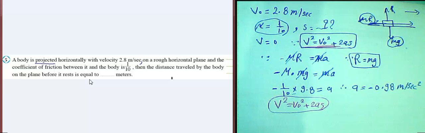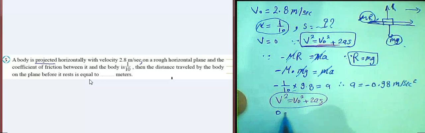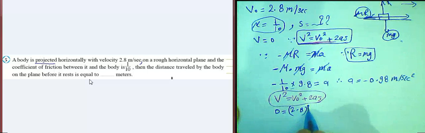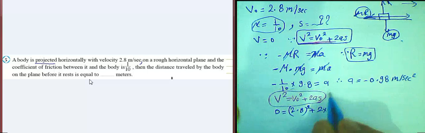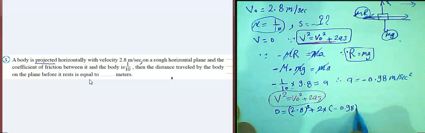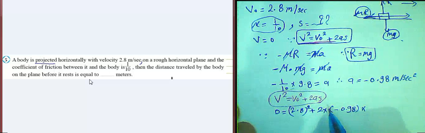Then we can put 0 equals 2.8 squared plus 2 multiplied by acceleration, negative 0.98, multiplied by displacement.